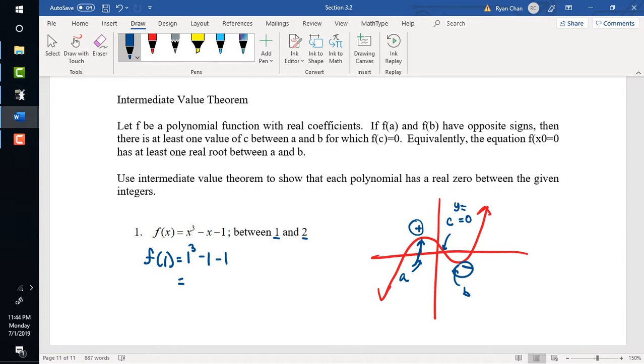So I have 1 minus 1 minus 1, that is negative 1. Notice f of 1 is negative. Let's try f of 2. So 2 cubed minus 2 minus 1. I have 8 minus 2 minus 1. That is 5.